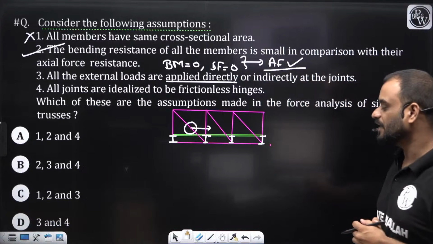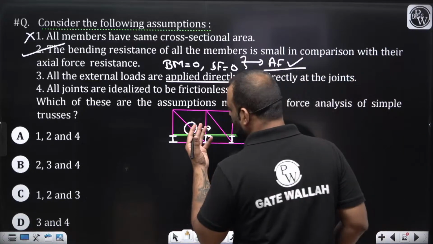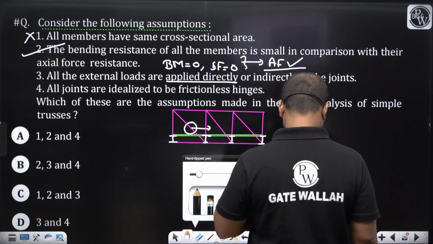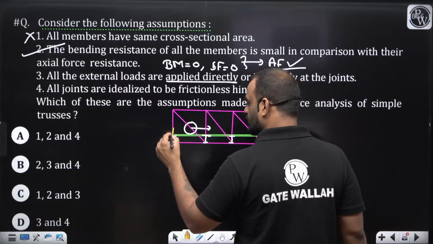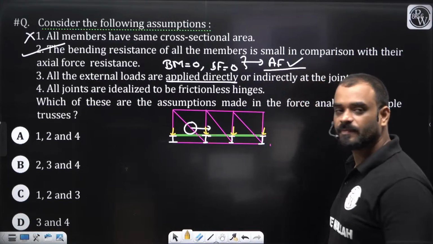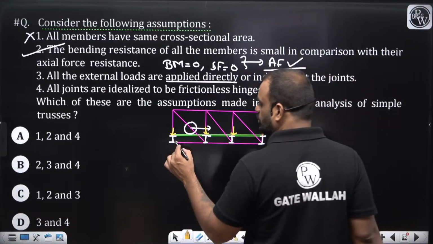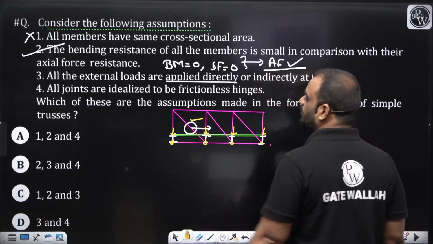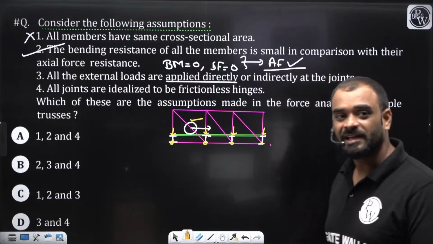Now you can understand that whatever weight or load there is of this vehicle, it will get transferred through these I sections, and due to this our joint will have certain load due to this vehicle.